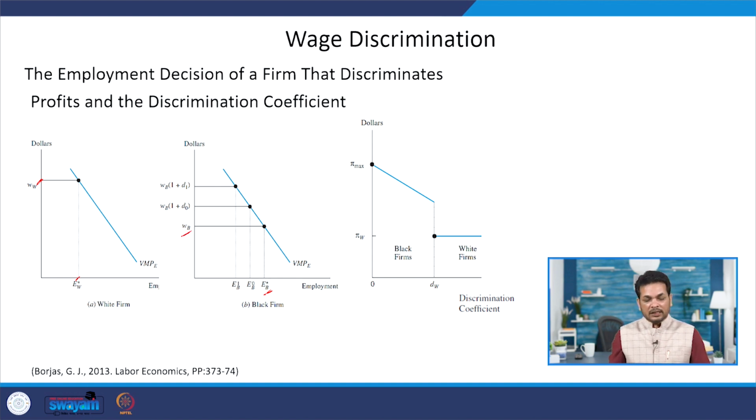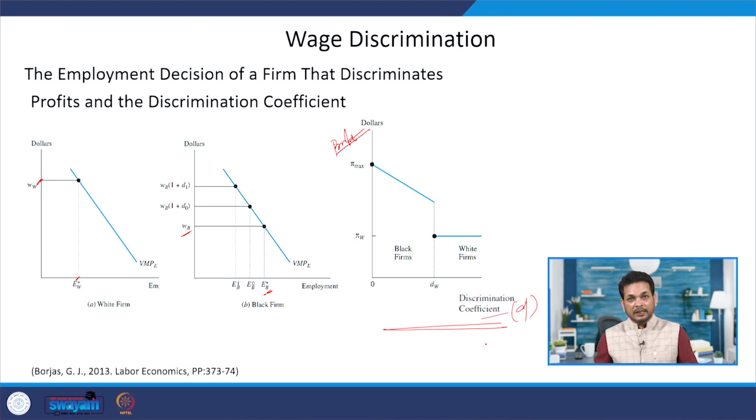So, a non-discriminatory farm maximizes its profit. On this graph, we have taken the profit on the y axis, and on the x axis we have taken the discriminatory coefficient D, the degree of discrimination.